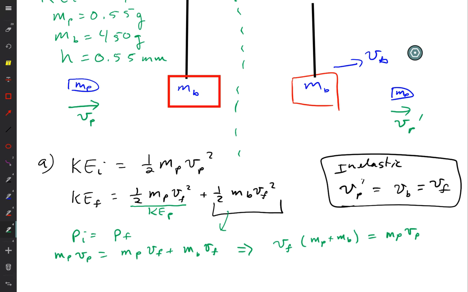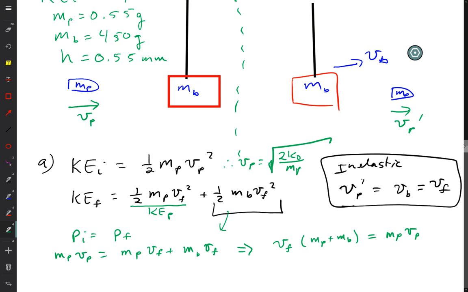So I have to now use the kinetic energy equation to determine what the V of the pellet was. What did they call it? They called it K0. So that's what I'm going to have to use for V of the pellet.